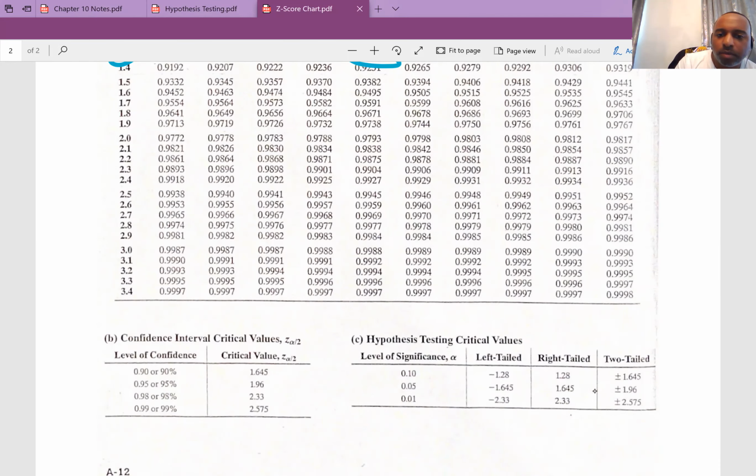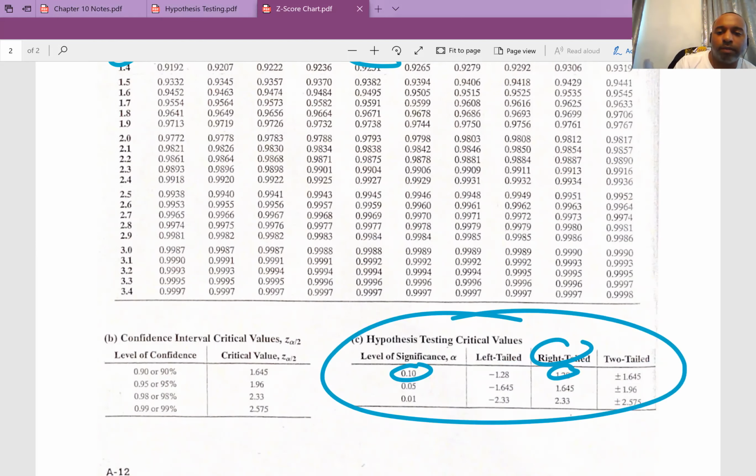For 0.1, if it's right tail, left tail, or two tail, you would use these values right here. That's if you're doing a classical approach. Since we're dealing with more than, we're going to do right tail, which means we need the 1.28. That's how you would use it with the classical approach: go back to your Z-score chart and go down to the right column. So if alpha was 0.05 and we're doing right tail, then I would use 1.645.